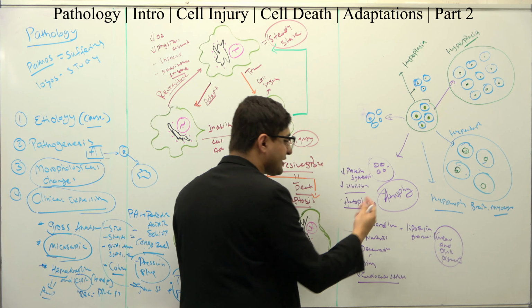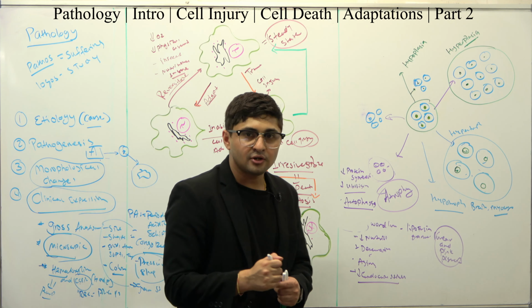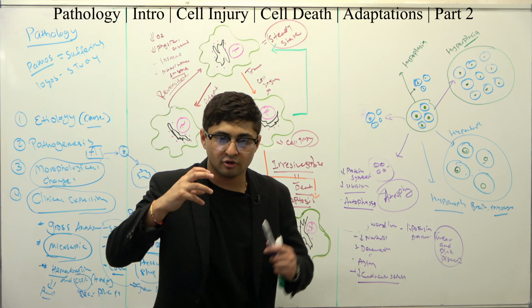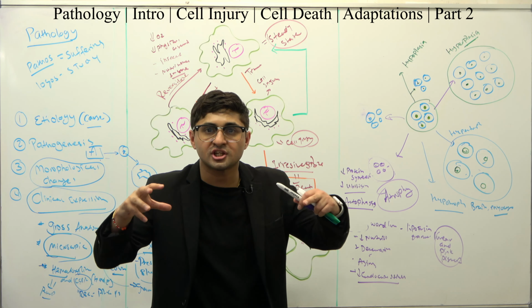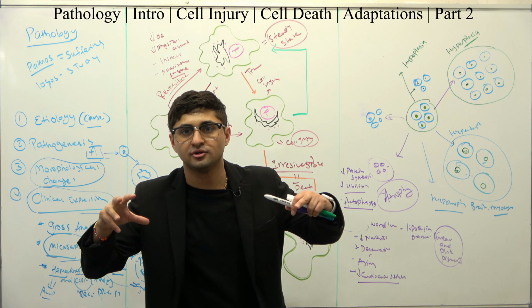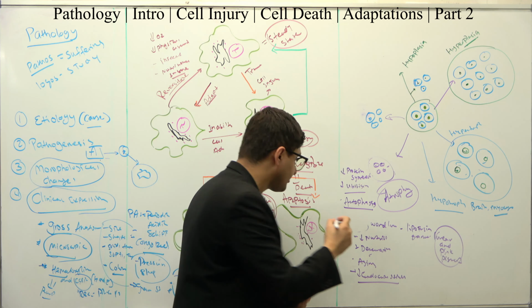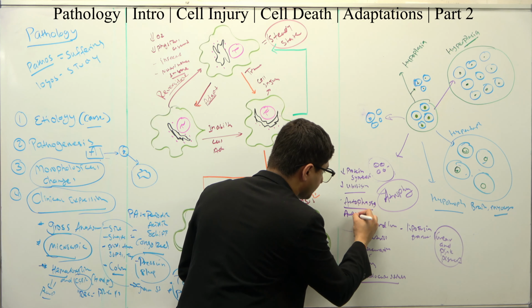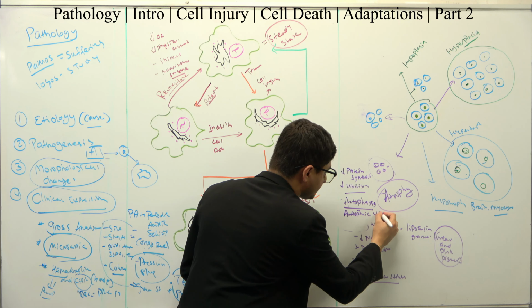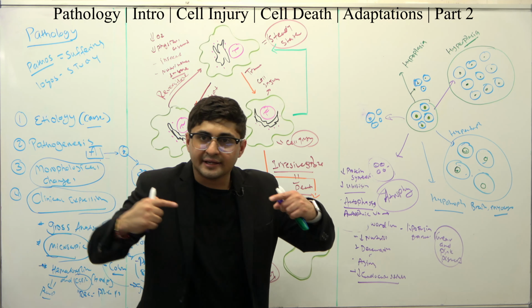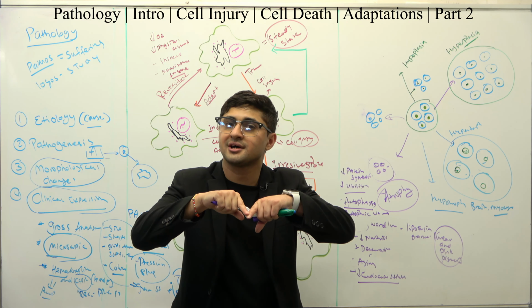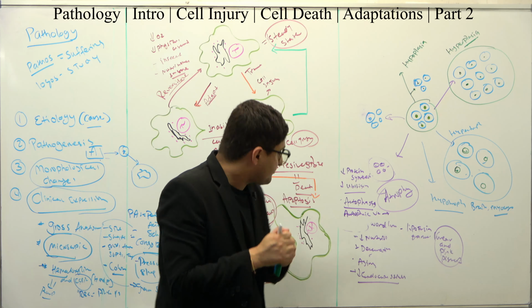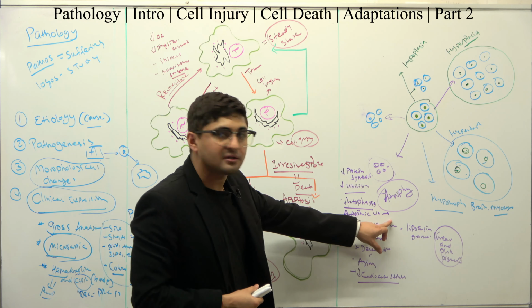And when they start breaking down and eating themselves, they make something called an autophagic vacuole. That's what they make. And this autophagic vacuole, what happens? It fuses with lysosomes, and lysosomes have a lot of hydrolytic enzymes, okay? They fuse with these hydrolytic enzymes, all right?